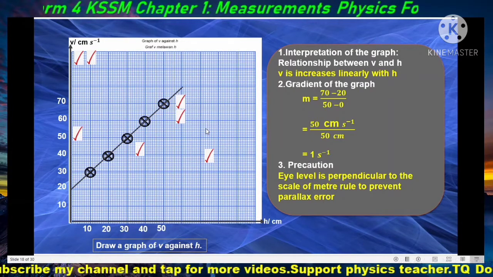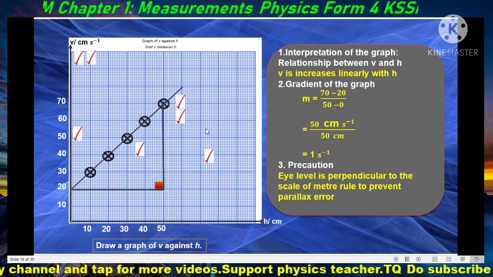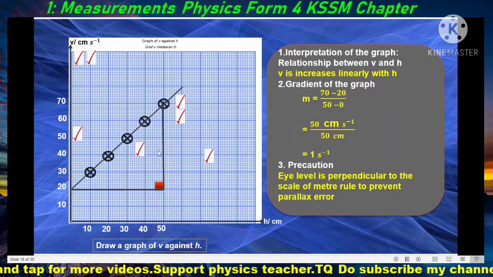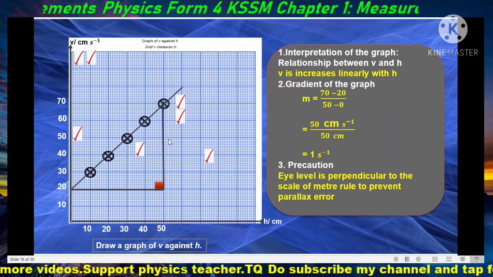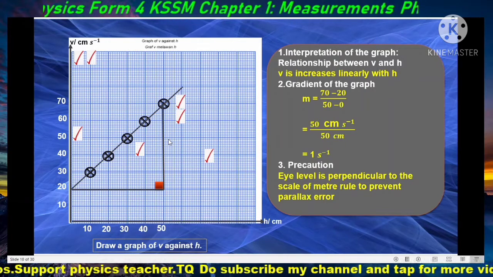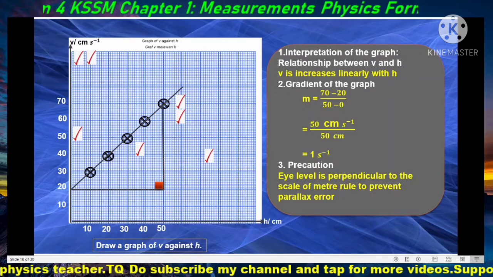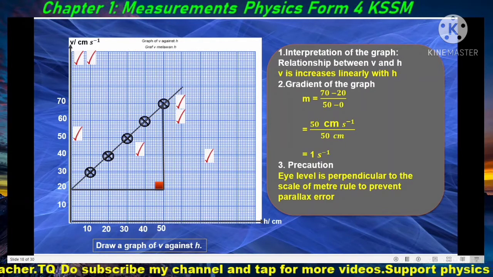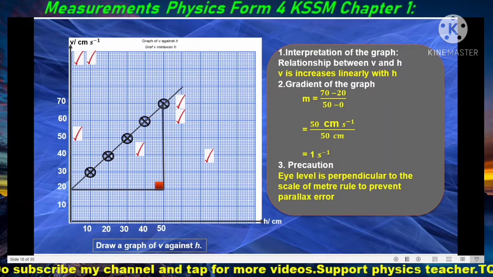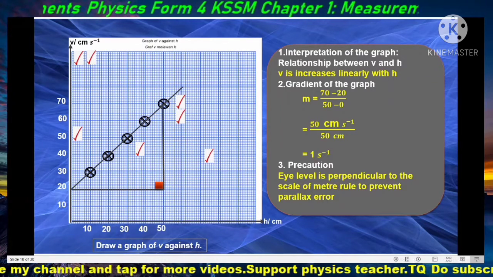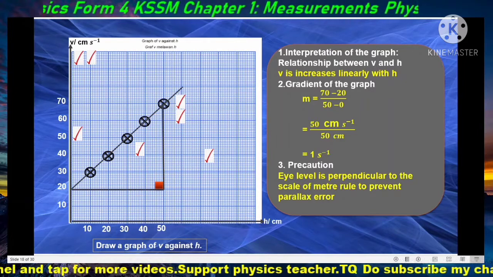How to determine the gradient? The first step, draw a triangle below the line. The size of the triangle must be large, more than 4 times 4 larger squares. The larger the triangle, the more accurate the value of the gradient.